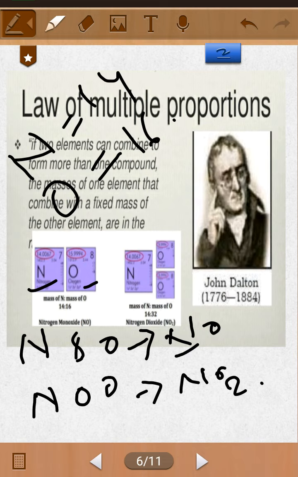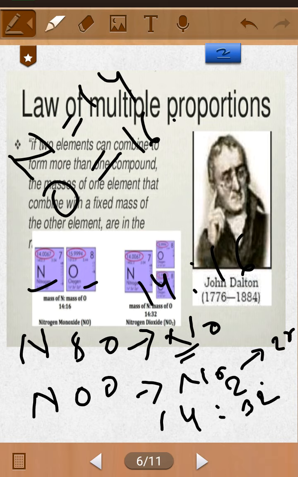In the first case, nitrogen to oxygen is 14 to 16. In the second case, nitrogen to oxygen is 14 to 32. We need 2 oxygen here, so that is 32.